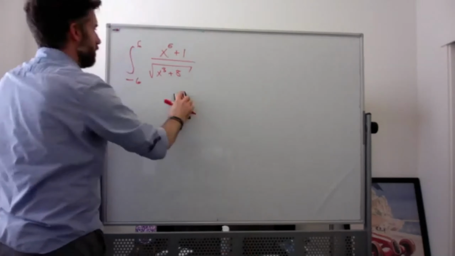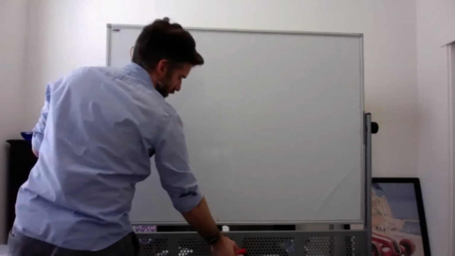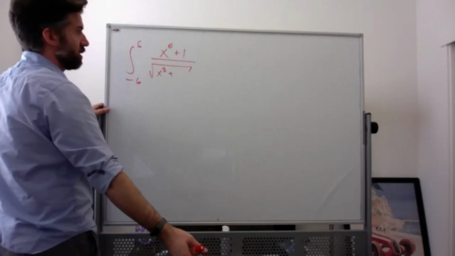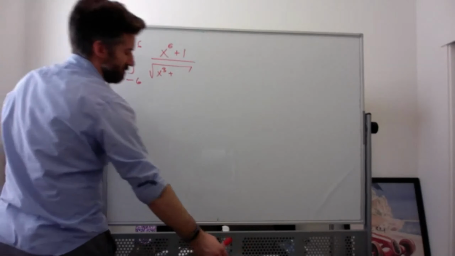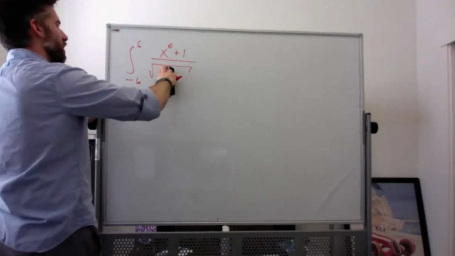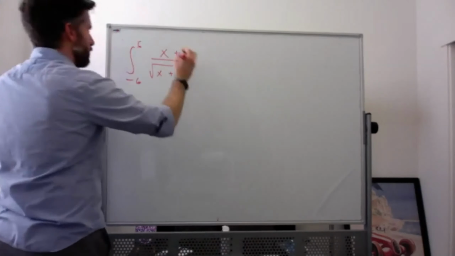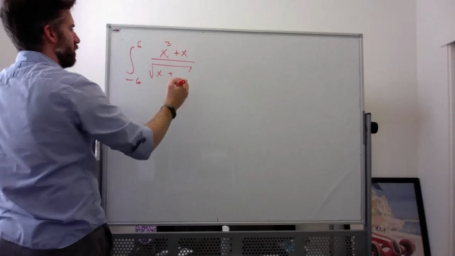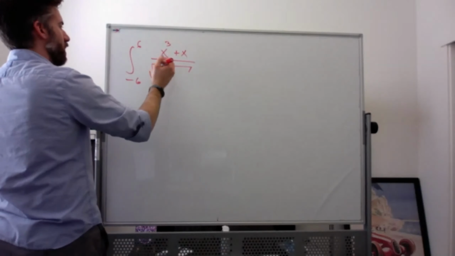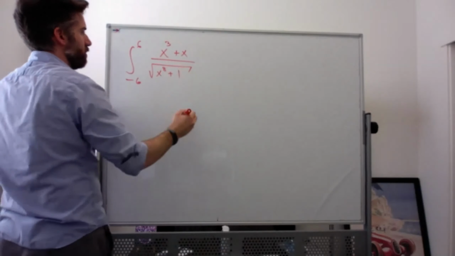Not x cubed plus 8. Square root of, might be a little bit careful here. Let's do it this way. Let's do x cubed plus x over the square root of x to the 8th plus 1.